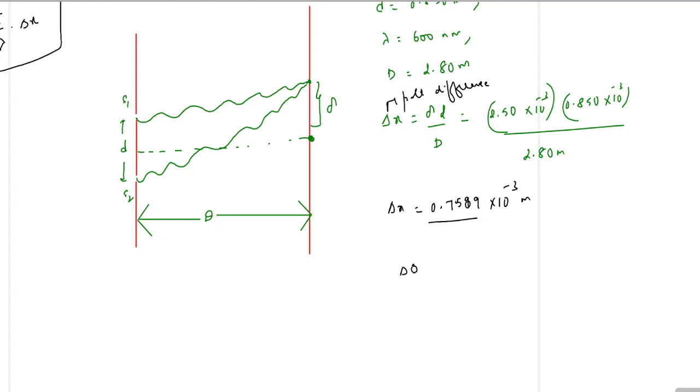Now phase difference is 2 pi by lambda into path difference, that is 2 into pi. Lambda was given as 600 nanometer, which is 600 into 10 power minus 9, into delta x, which is 0.7589 into 10 power minus 3.